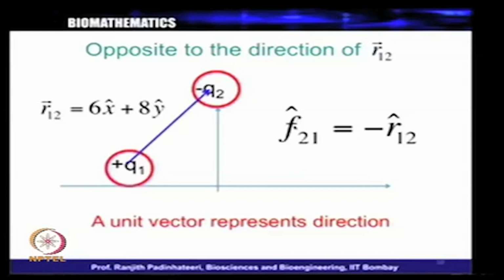If you have some magnitude and a cap, it represents the direction. So x cap means the direction along the x axis, y cap means direction along the y axis, and z cap would mean direction along the z axis. So r12 cap would mean direction along r12, but with a minus sign it would mean opposite to the direction of r12.